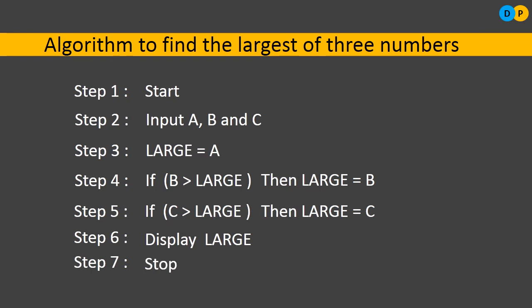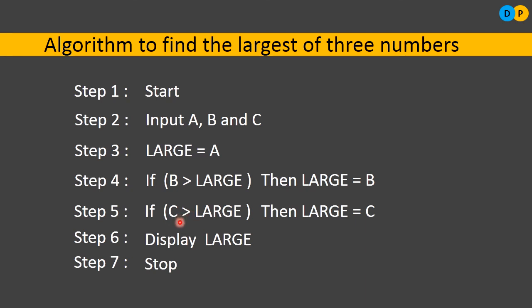In this algorithm, we have used a structure called if. Before that, we went with the assumption that the first number is the largest number. With that assumption, we compare with the remaining elements, B and C. If B is greater than large, then we consider a new large value.